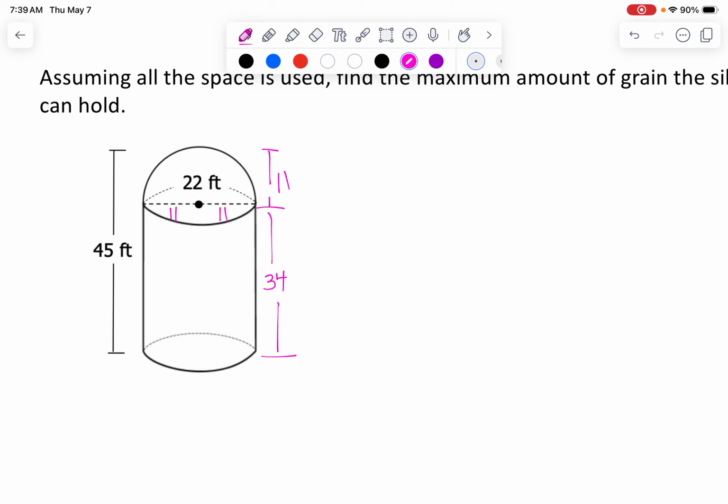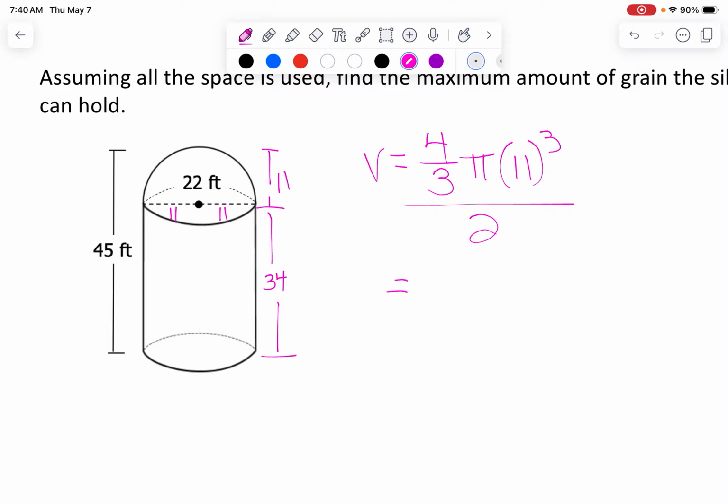All right, so now I want to use that to figure out each piece. So let's do the hemisphere first. So I say 4/3 pi times 11 cubed. I'm going to get my answer, and then I'm going to cut that in half. So really I'm just going to do that and then divide it by 2.